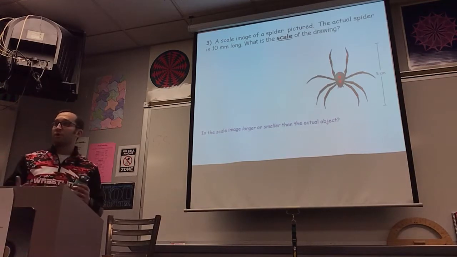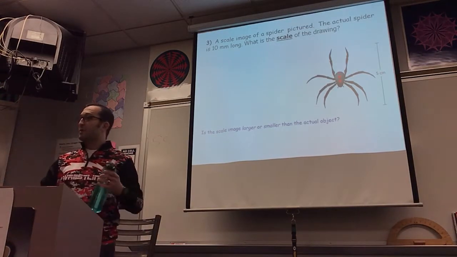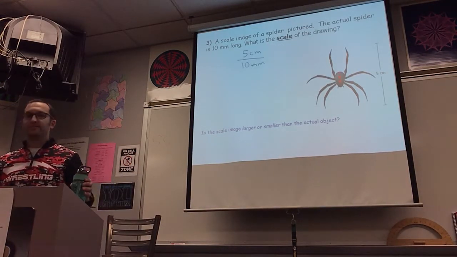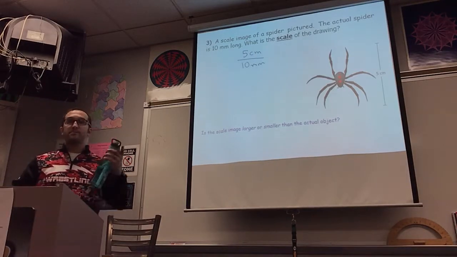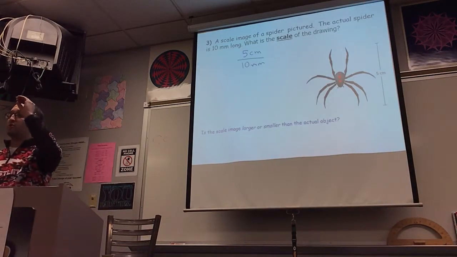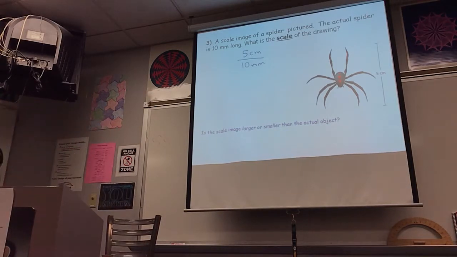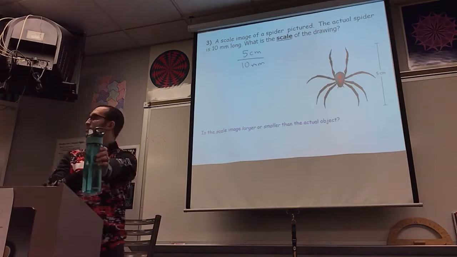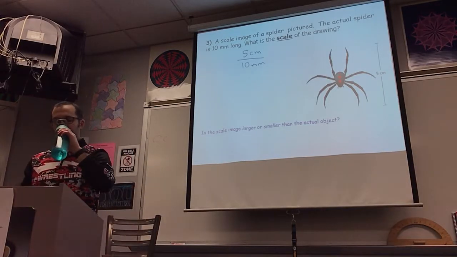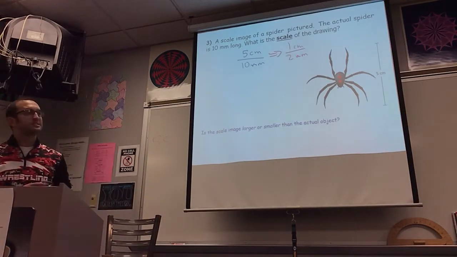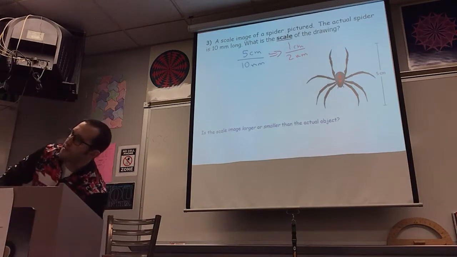How big is it in the real world? 10 millimeters. Good, so write out your ratio. What is it going to be? 5 centimeters over 10 millimeters. Picture over actual. Refer to that information at the top every time. That's a study tip. The image comes first. That would simplify to 1 centimeter for every 2 millimeters.